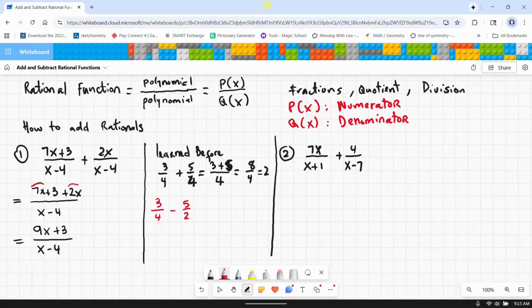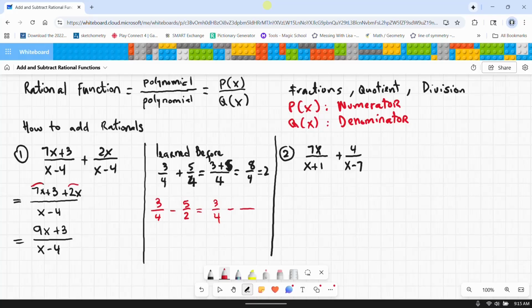That means you have to find the extra term that makes the denominators the same first before you can combine the numerators. For this, we're going to give the 3 over 4 a common denominator because 4 is a multiple of 2. 4 is bigger than 2, and if we multiply 2 by a number, we will get the same denominator.